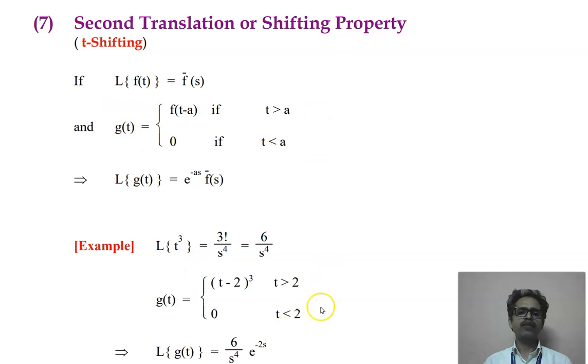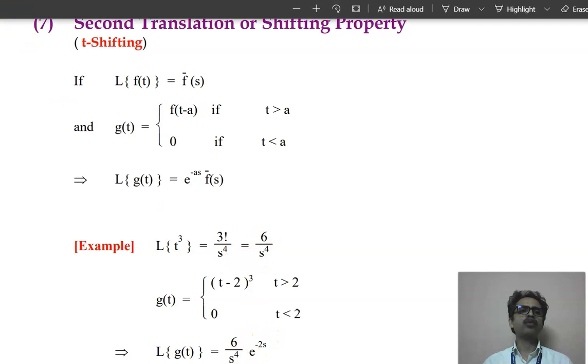Here a is 2 and f of t minus 2 is t minus 2 whole cube, from which f of t becomes t cube, and Laplace of t cube is 6 upon s raised to 4. So apply this property. Laplace of g of t is e raised to minus as. I said a is 2, so e raised to minus 2s into f bar of s. F bar of s is here 6 upon s raised to 4.